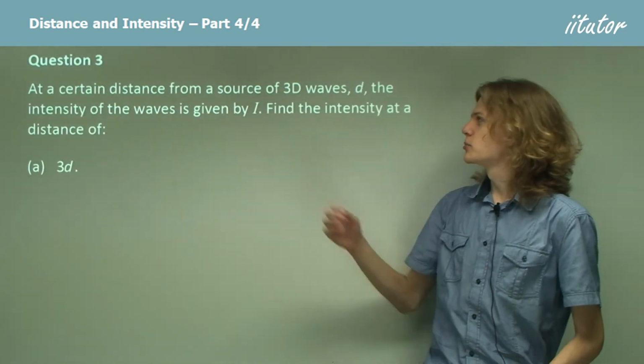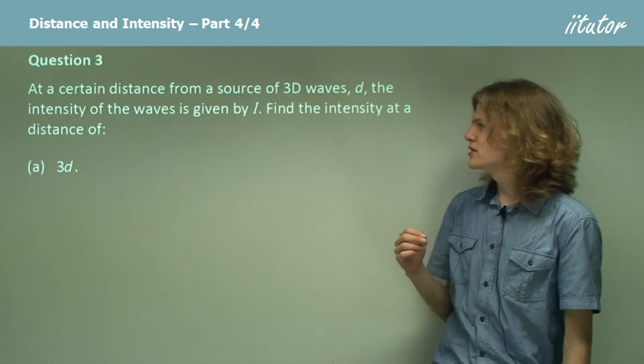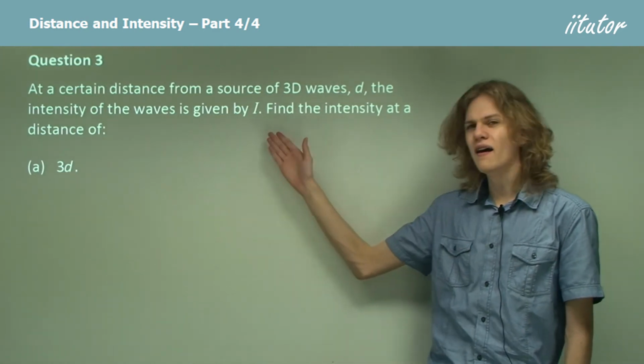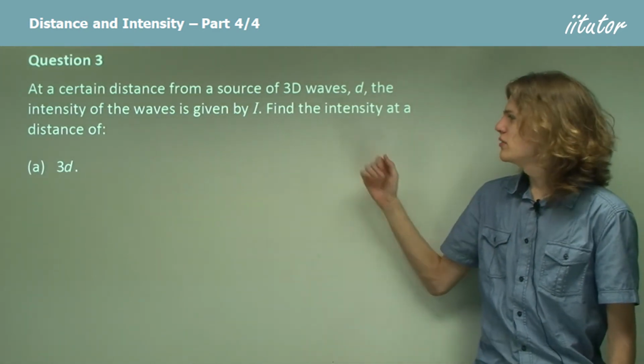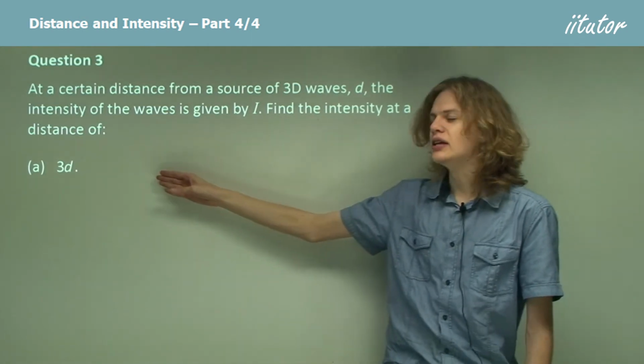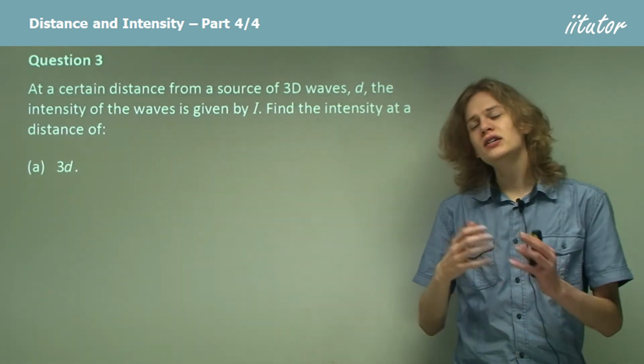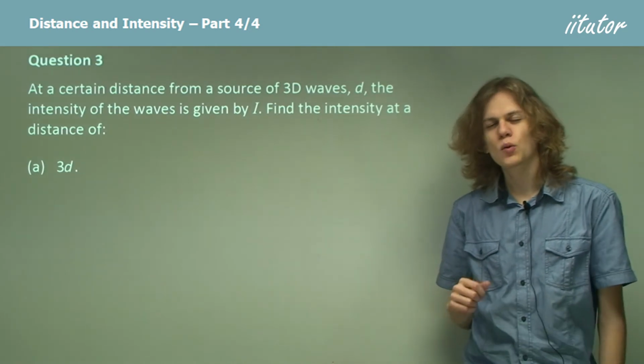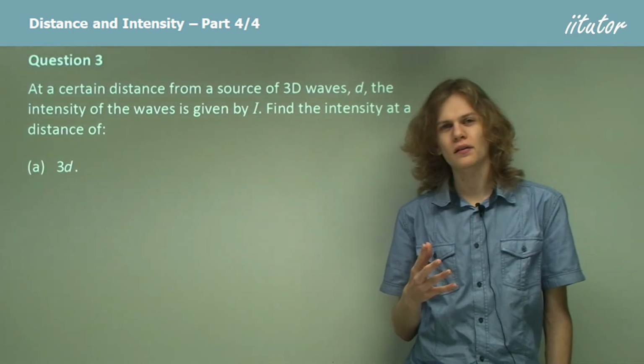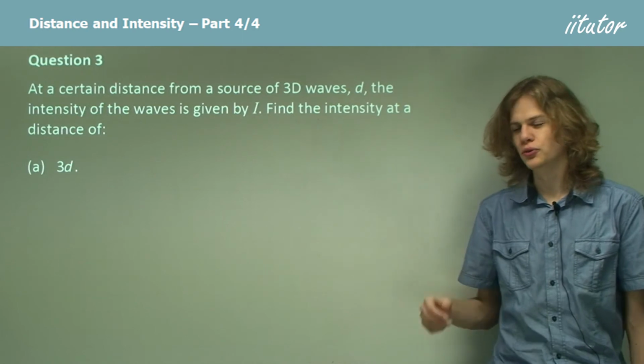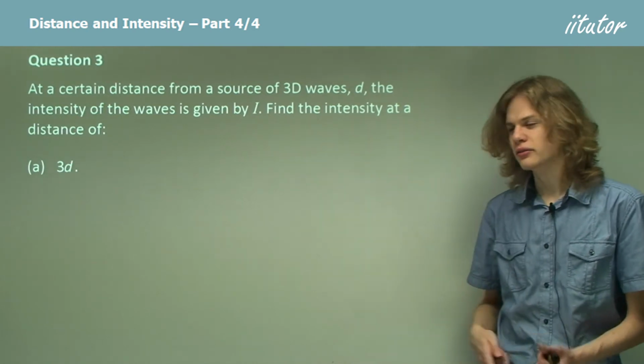At a certain distance from a source of 3D waves, the intensity of the waves is given by I. Find the intensity at a distance of 3d, that is, 3 times as far away. Now, what will the inverse square law say about this? I is proportional to 1 over d squared, right?